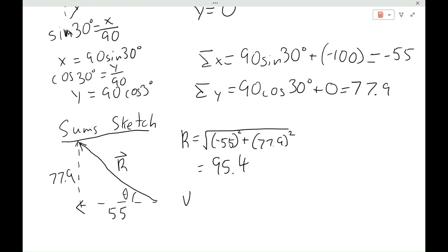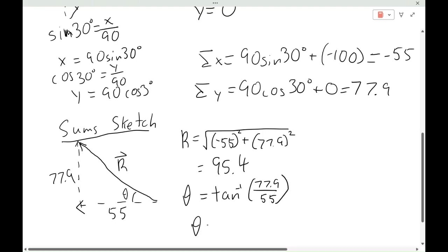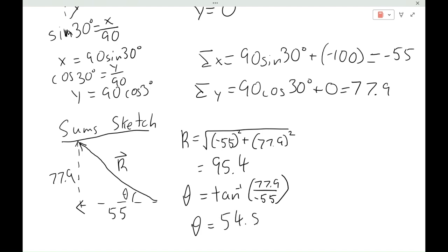And for theta, we are going to find it by doing the inverse tangent of the opposite over the adjacent. So it'd be 77.9 over 55. So theta would be 54.8.